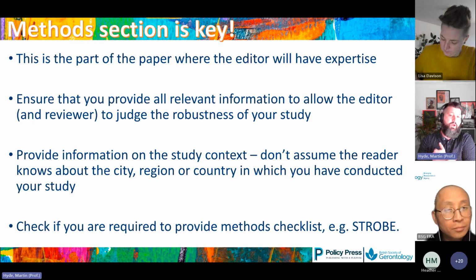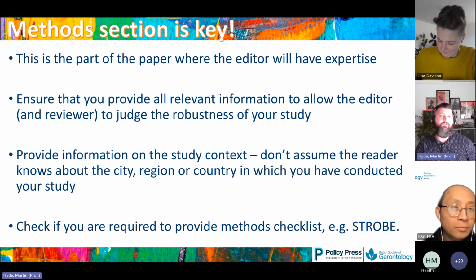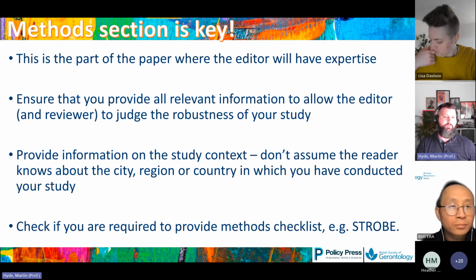Whatever country or area you're doing your research in, I think it is good practice to tell the reader about that. And that goes for research in the more traditional, well-researched countries around aging, the centers of aging research like the UK, North America, Europe, because your readers don't necessarily know that.